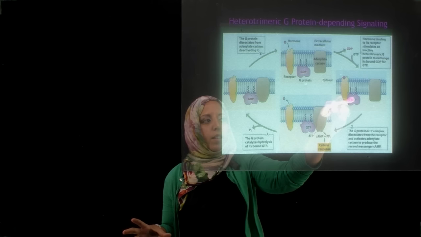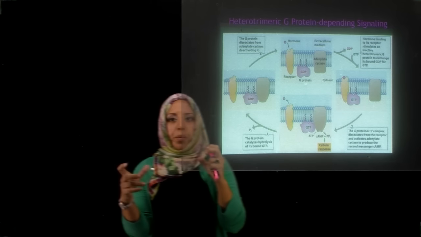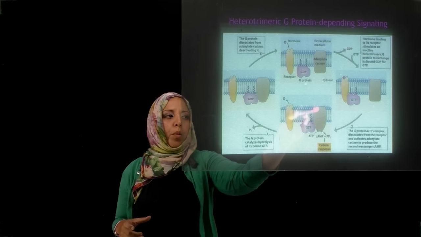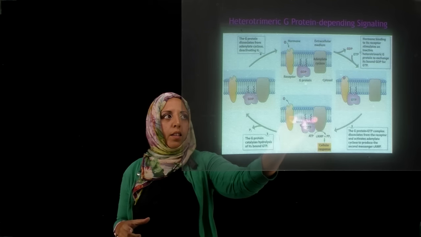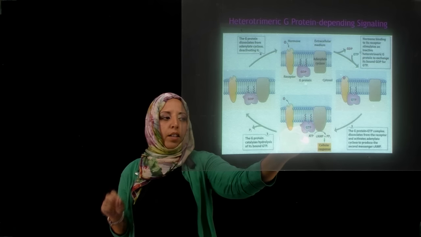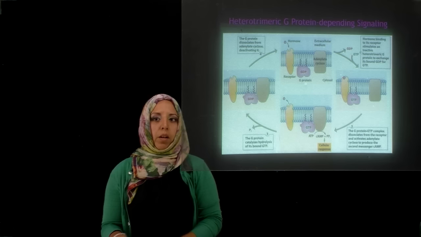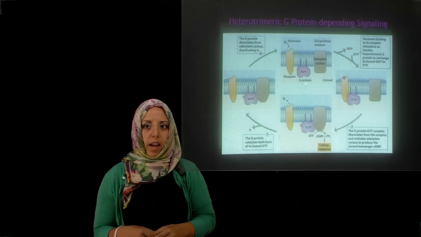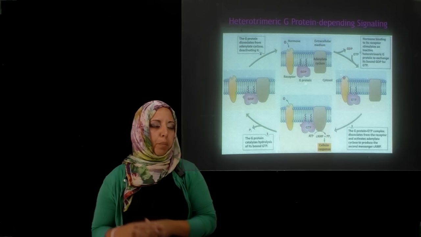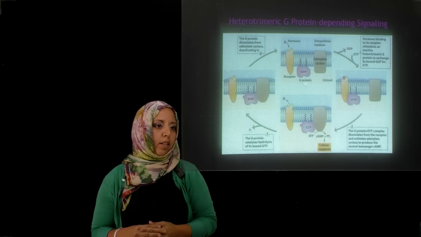Meanwhile, once it's active, one of its three subunits will separate, and it will bind to, in this case, adenylate cyclase, activating it. Once it's active, its ATP molecules are converted into cyclic AMP, which will trigger a number of different cellular responses by activating a number of different cellular proteins through kinases.